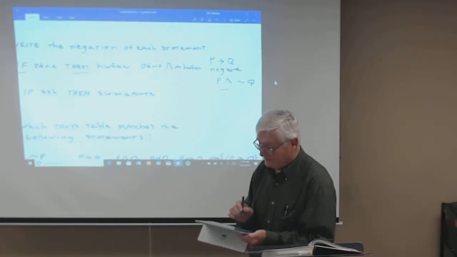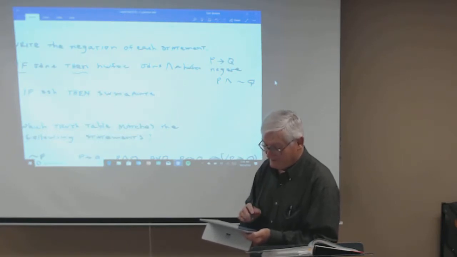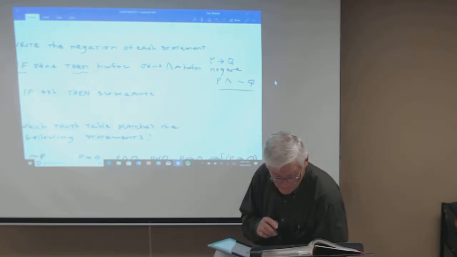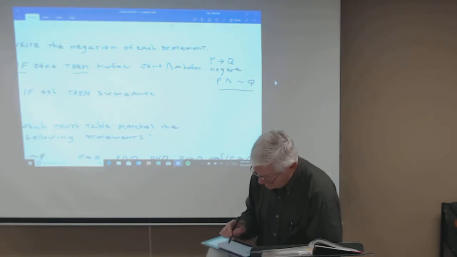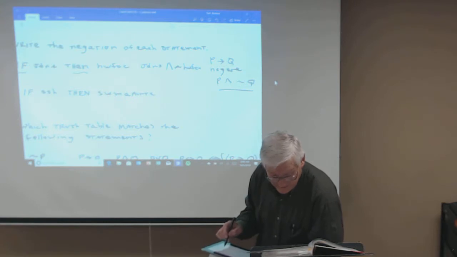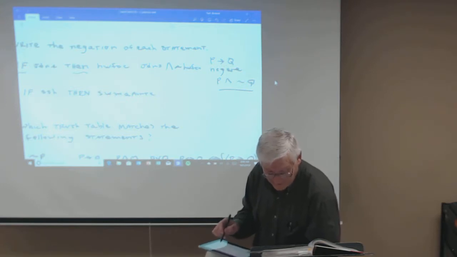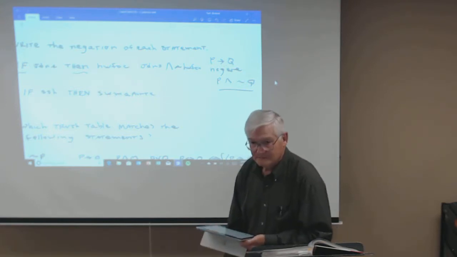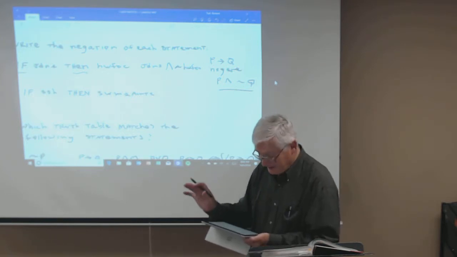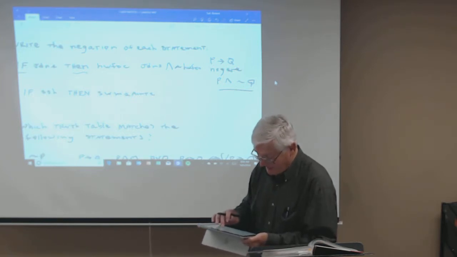I'm using this pattern for negating if then. And how would I read that? Joey does not study, and he does not fail the course. That's the negation of that if then.